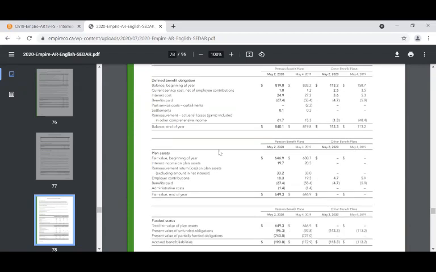And then they have plan assets. For pension, start with the beginning balance, add changes, interest earned, remeasurement loss. This is the difference between actual and expected returns. And then they have employer contribution, benefit paid, and an administration cost.